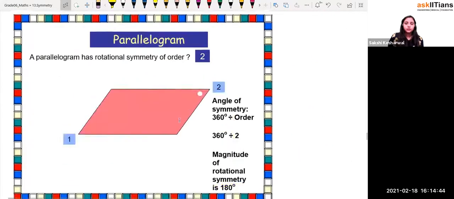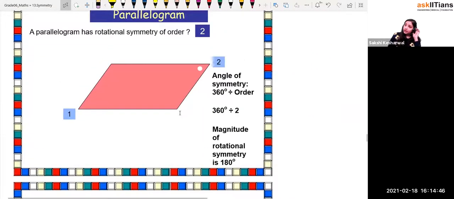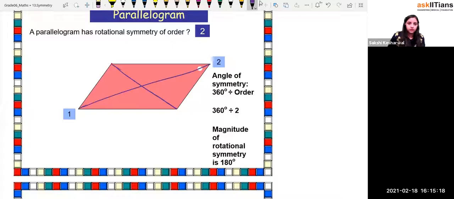Now let's come to the parallelogram, because see, the parallelogram does not have any lines of symmetry, right? So what happened? Okay, the parallelogram has rotation symmetry of order 2, right? So if you take a parallelogram, and you take the center, this and this, that is this point, right?